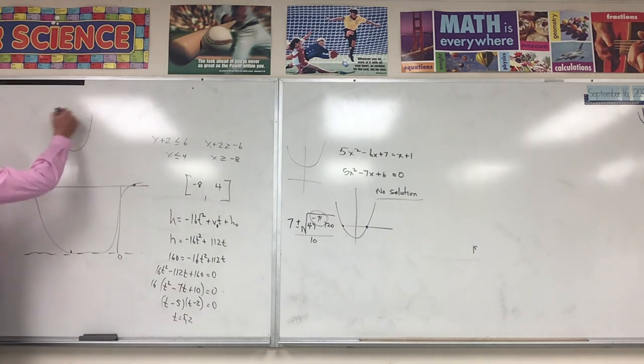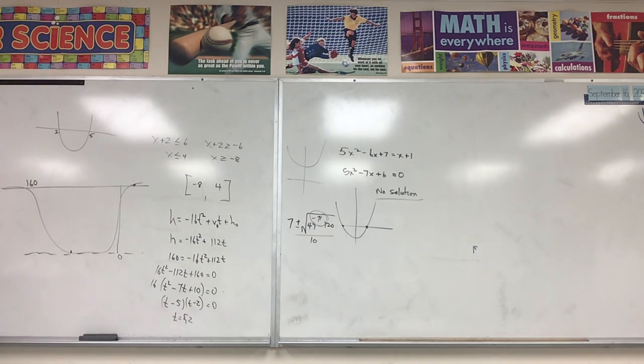My graph looks like this. Here are my zeros: this is 2 and this is 5. Where would my flare be seen? Between 2 seconds and 5 seconds.